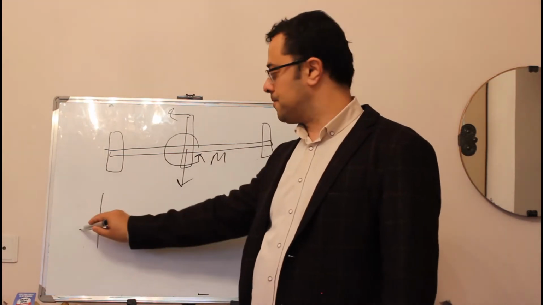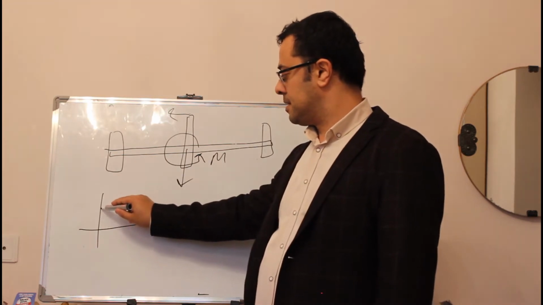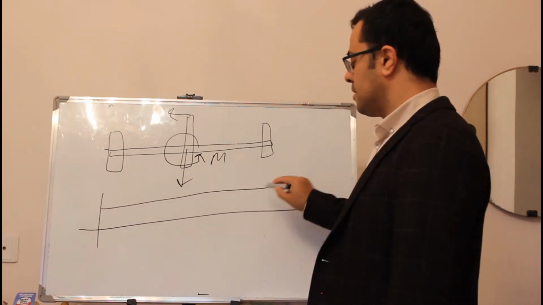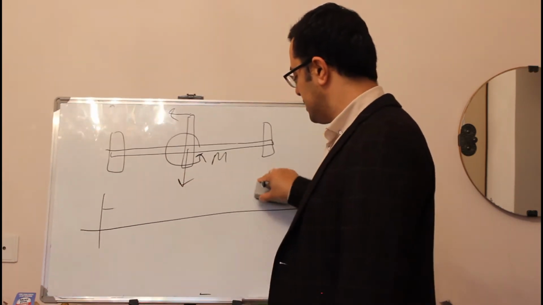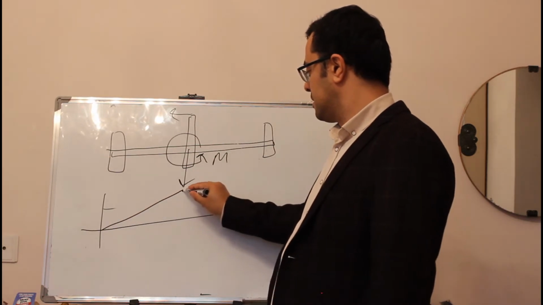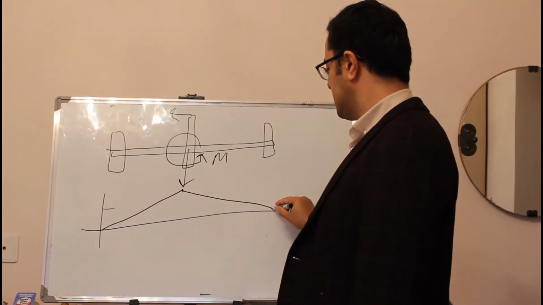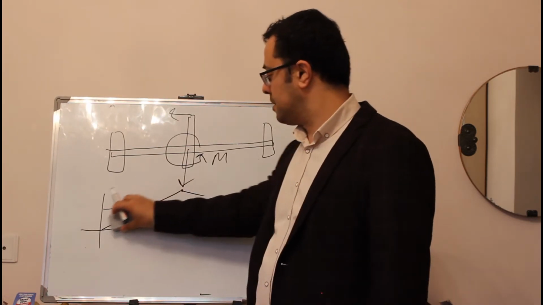So we draw a force diagram. It's something like this. No, it's not something like this. It is something like this. So even not like that. Again, I made a mistake.